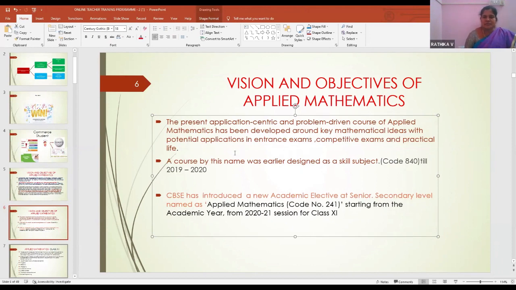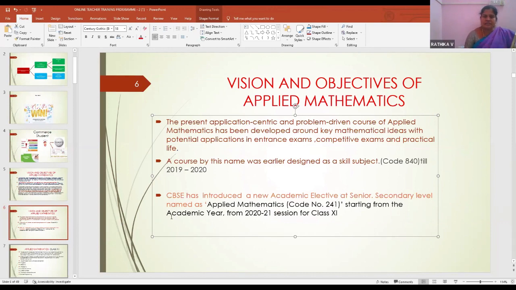And this is actually the course name previously, applied mathematics, the same name they were using for the skill subject. So it was a skill subject till the 2019-20 batch. It was considered applied mathematics as a skill subject. The code number was 840. And CBSE has introduced this new academic, an elective subject equivalent to mathematics.